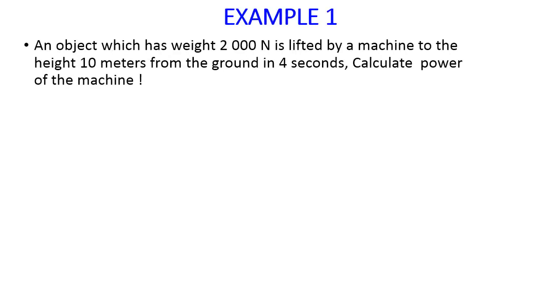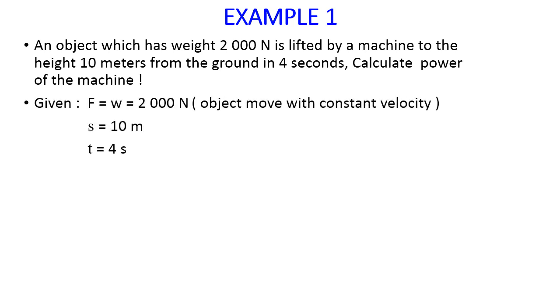To get more understanding about power, let's see example 1, example 2, and example 3. Now, let's see example 1. An object which has weight 2000 Newton is lifted by a machine to the height 10 meters from the ground in 4 seconds. Calculate power of the machine.